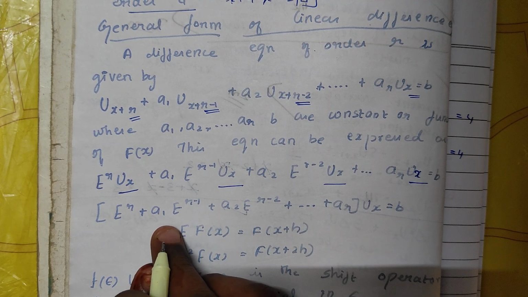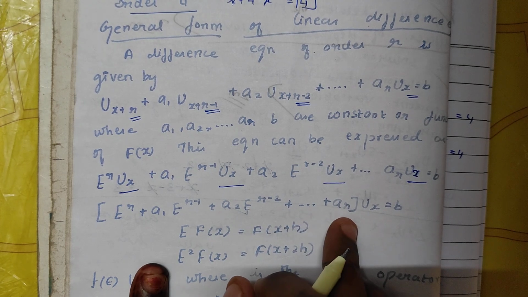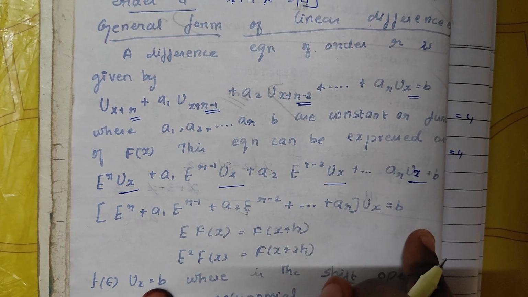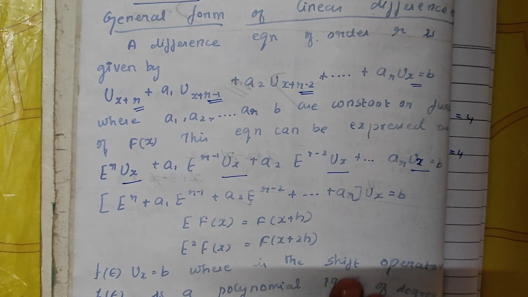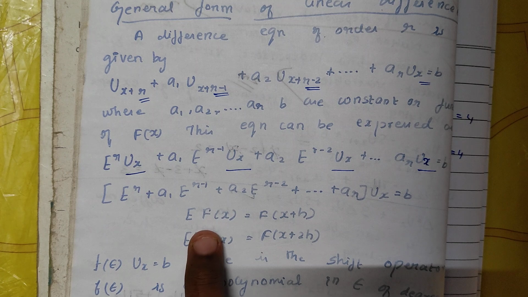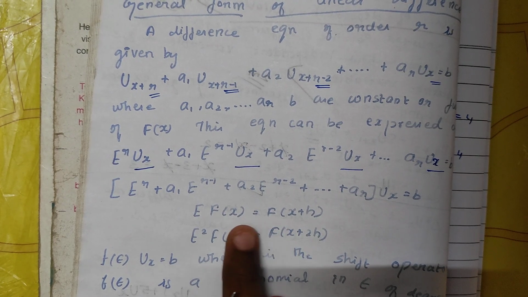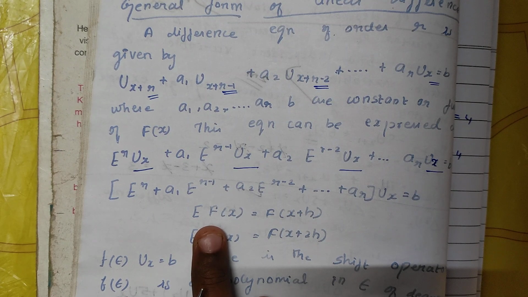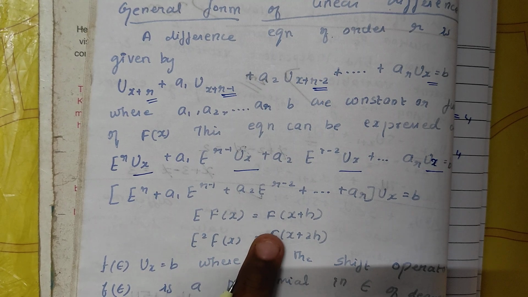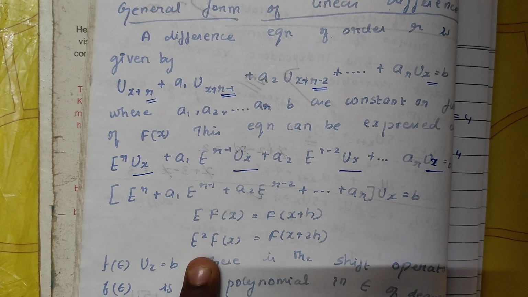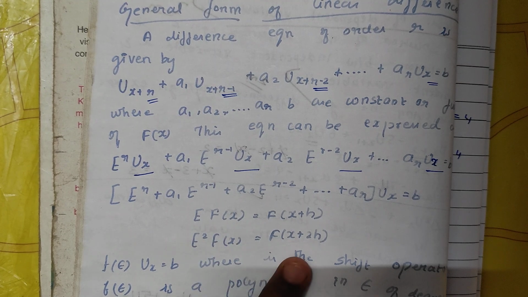So E power r plus a1 E power r minus 1 plus a2 E power r minus 2 plus up to ar into u x is equal to b will come. So here, E of f of x is equal to f of x plus h. This is another form. When you have E and f of x, if you want to bring this E inside, you can bring it like f of x plus h. Here E square into f of x means f of x plus 2h will come.